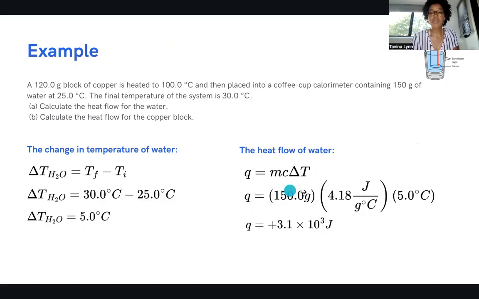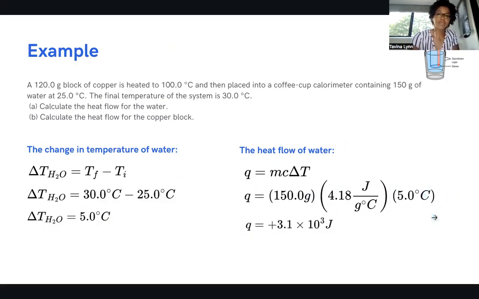because we're measuring the heat flow of water. So the mass of water was 150 grams. Our specific heat of water, this is a value that has been experimentally determined that we could look up, that would be given, is 4.18 joules per gram degree Celsius, times our change in temperature that we calculated, which is 5 degrees Celsius.